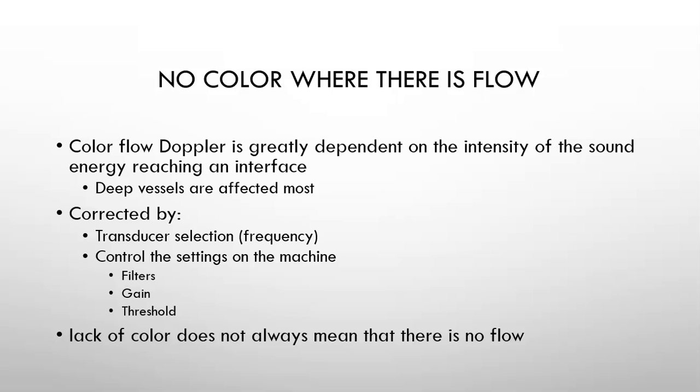So if things are deep, then you really want to drop your frequency in order to get enough sound down there and enough reflection back in order to create an intense enough signal to put on the display. Other things you can do is reduce any kind of color filters that you may have turned on, adjust your gain, and adjust the threshold or priority for the color.